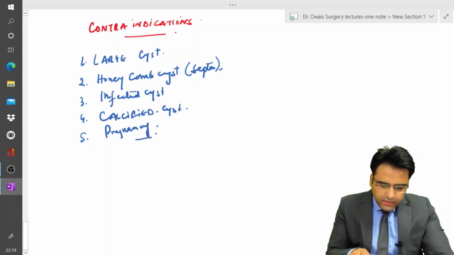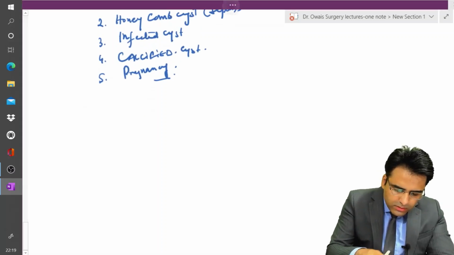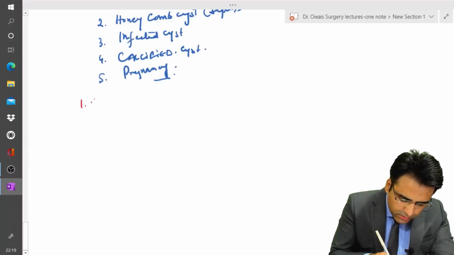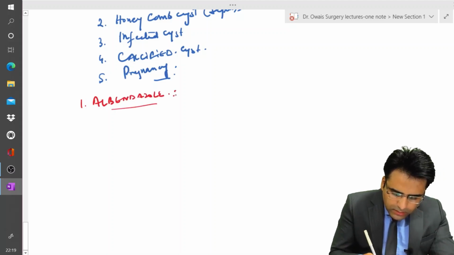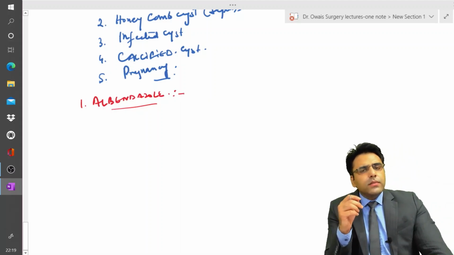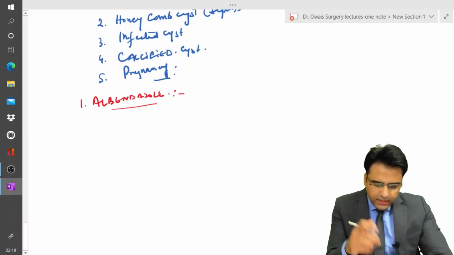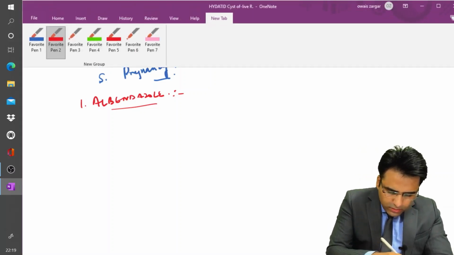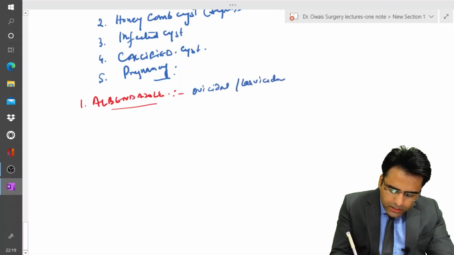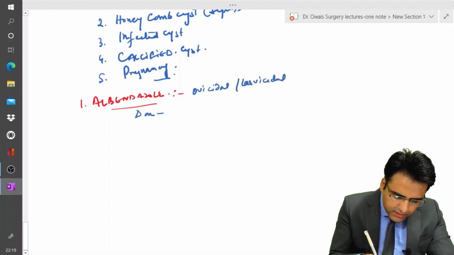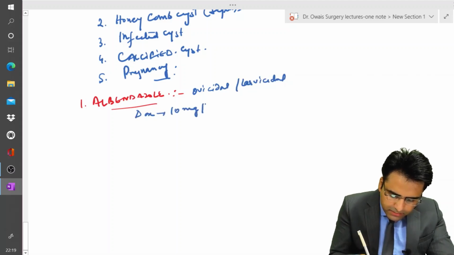Now let us discuss the various drugs which are used. So first we have albendazole. Now this albendazole is the most commonly used drug, and it is ovicidal as well as larvicidal. Now what is the dose? The dose which is given is 10 mg per kg per day.